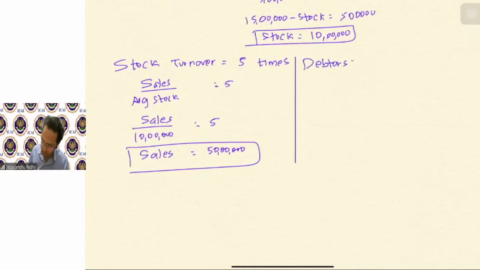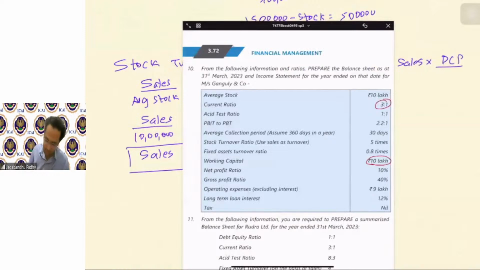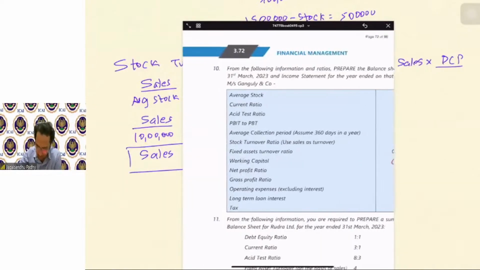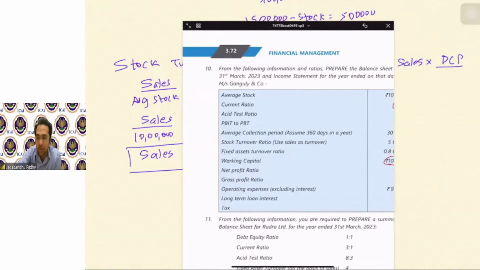So debtors will be credit sales into debtors collection period upon the number of days. Is there any specific number of days that we have to use, 365 or 360, specified anything of that sort?